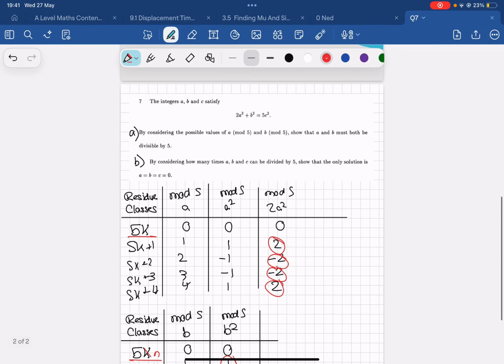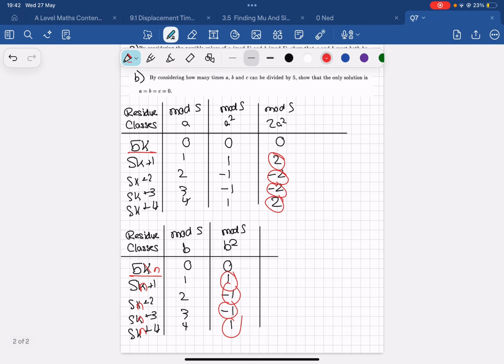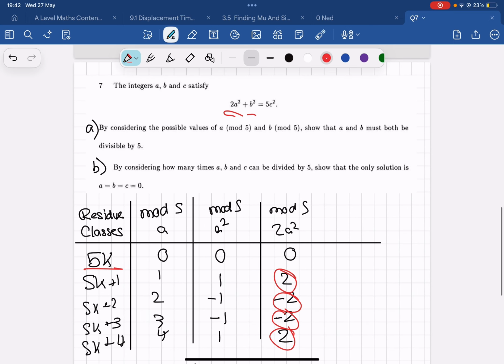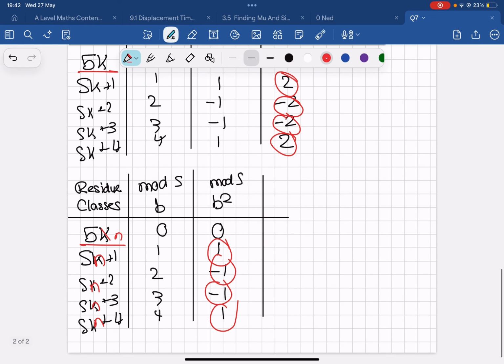Now, obviously, we're doing 2a squared plus b squared. So if we add these, there's no combination such that a residue class from a squared and a residue class from b squared add up to give us 5. And why we need 5 is because on the right hand side we've got 5c squared.